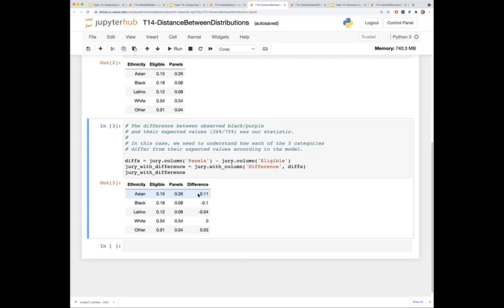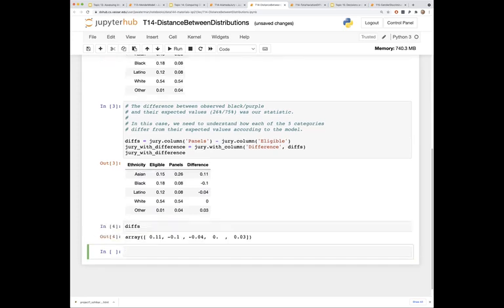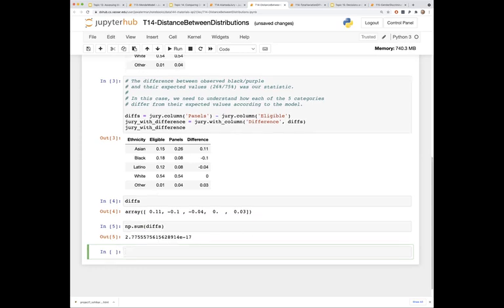So if we took the absolute value of the difference, let's just actually do this. If we look at the diffs column, we can see that's an array. And if we take the sum of that, we can see we get 0.